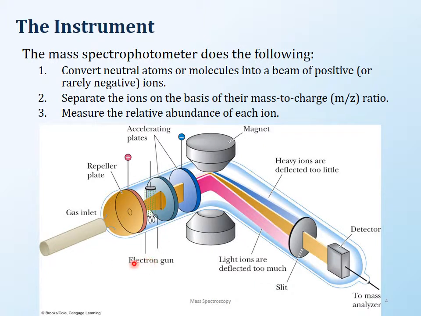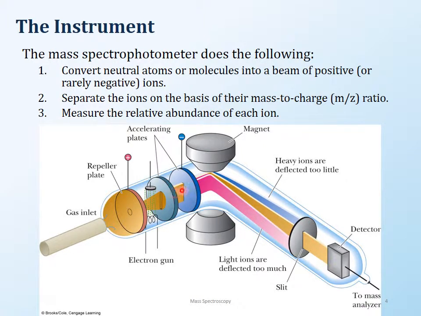So right here, you put your sample in, and what it does is it will vaporize your sample and then bombard it with an electron gun, which really essentially is electrons. And what that does, it actually fragments the molecule. And this over here is a magnet. This is almost like a racetrack, if you would.